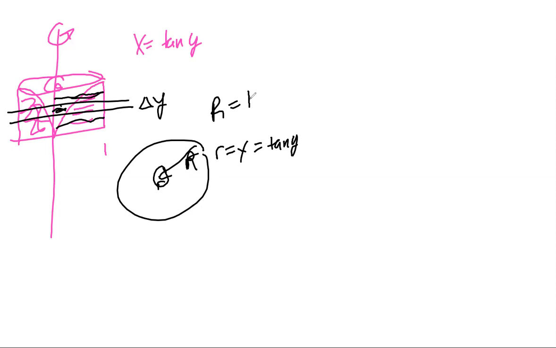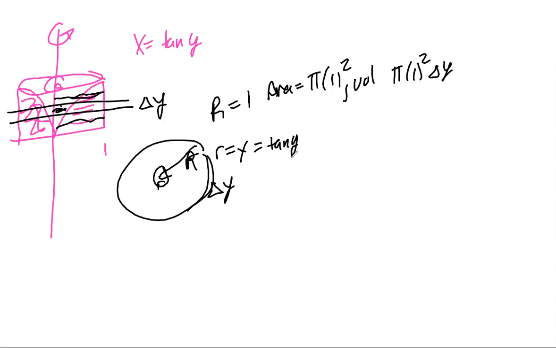Now if we have our big R, that's our radius. Our area is going to be pi times 1 squared. And our volume would be pi times 1 squared delta y, because we have a little thickness here, which is a little delta y.